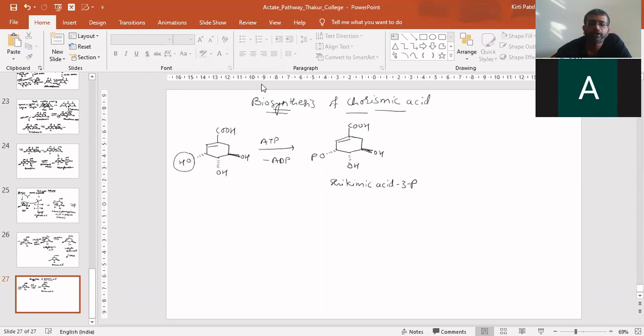We will get shikimic acid 3 phosphate from shikimic acid. Now there will be again addition of one phosphoenol pyruvate.